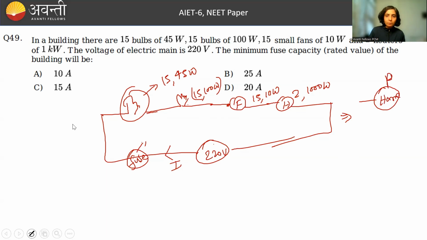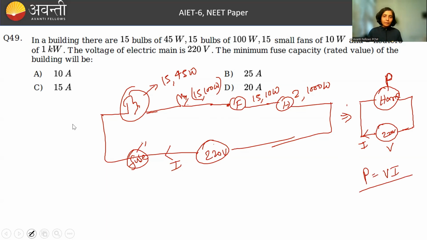Suppose the maximum power that the home is consuming is P, and this is our 220 volt main supply. Suppose current going out is I, and this is voltage V. So P should be equal to V into I. And whatever I value we get from here will be the minimum fuse capacity.